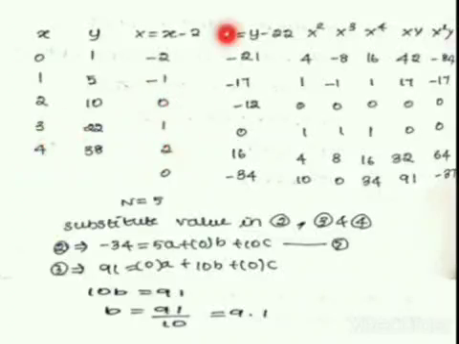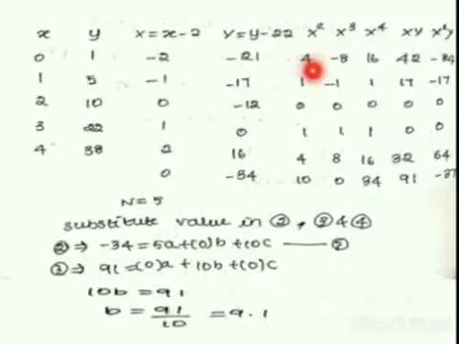Similarly, we find capital Y, which is y minus 22. So 1 minus 22 will be minus 21, 5 minus 22 is minus 17, 10 minus 22 is minus 12, 22 minus 22 is 0, 38 minus 22 will be 16.